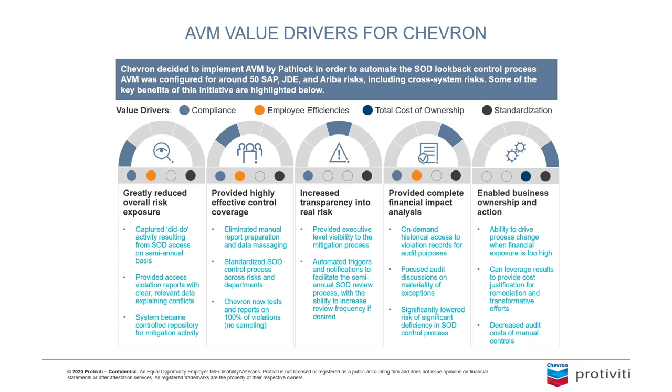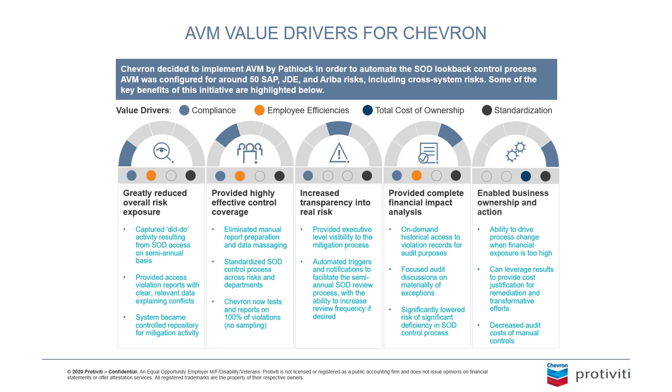So just starting at the top there, you can see that we implemented about 50 or so SOD risks within the PathLock AVM solution across multiple types of systems, and within each one of those types of ERP or other systems, I think there were several separate instances as well. So just again, going back to the complexity of Chevron in particular, but also as Susan touched on in the beginning, most large organizations these days will be dealing with that type of complexity, even if it's not quite to the level of Chevron.